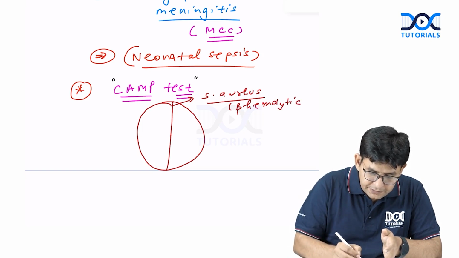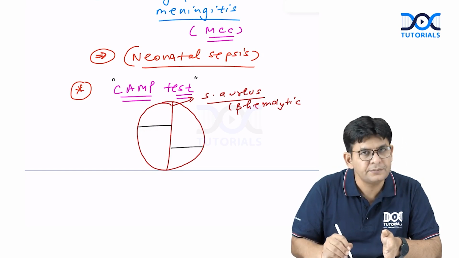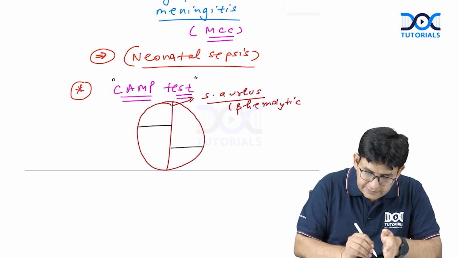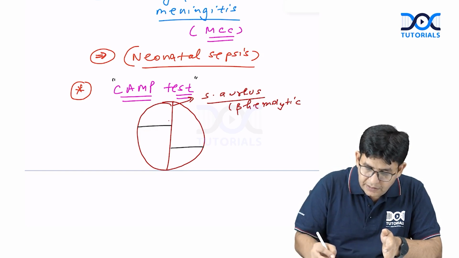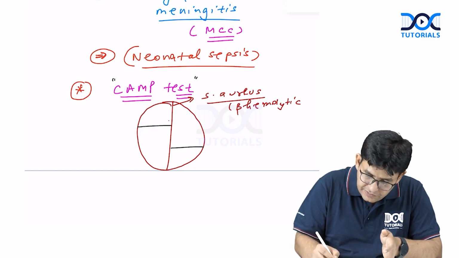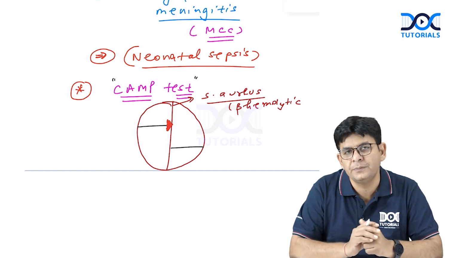Then you have made two streaks like this and like this. And what you observe after one day is that when this streak mixes up with the Staph aureus streak, there is an enhancement in the zone of beta hemolysis, which comes in the form of an arrow.